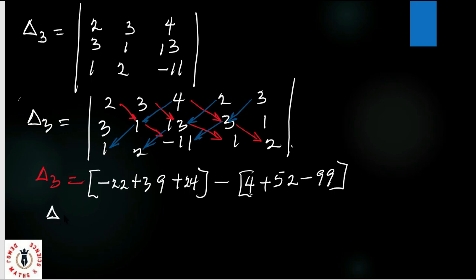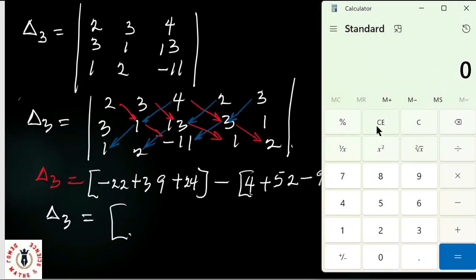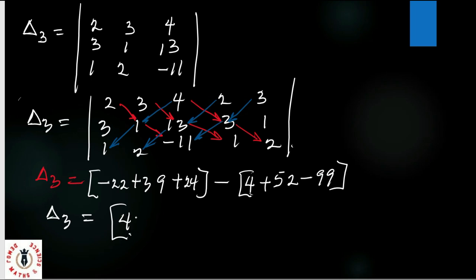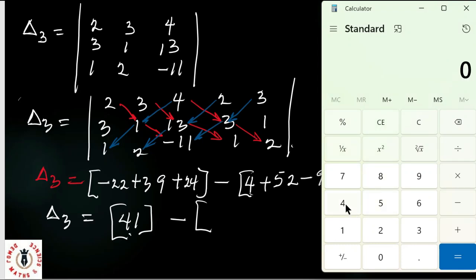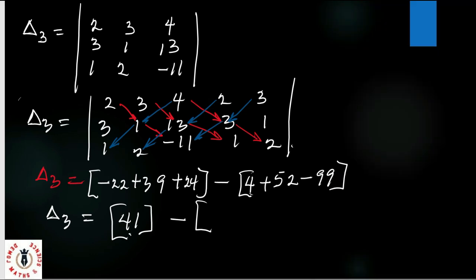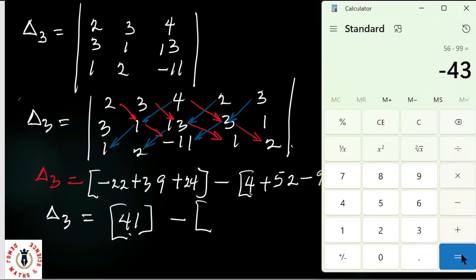So that delta 3 will be the same thing as we have minus 22 plus 39 plus 24, equals 41, minus, we have this to be 4 plus 52 minus 99.